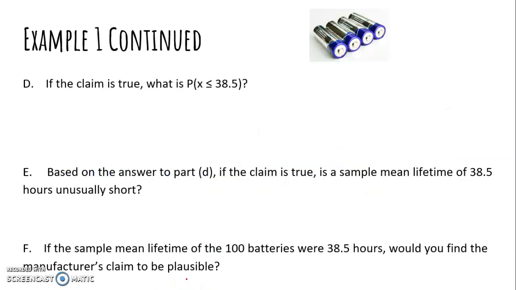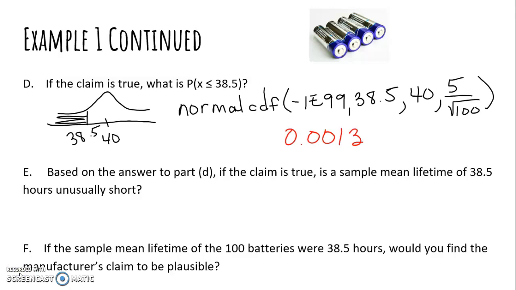So if the claim were true, what is the probability that X is less than or equal to 38.5? So I've drawn out the diagram here. We want less than 38.5, so we did normal CDF, negative infinity to 38.5, 40, 5 over square root of 100, and I got 0.0013.